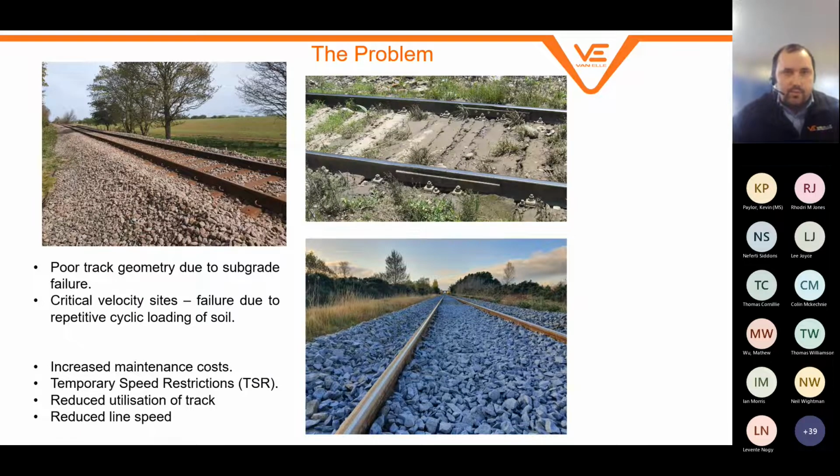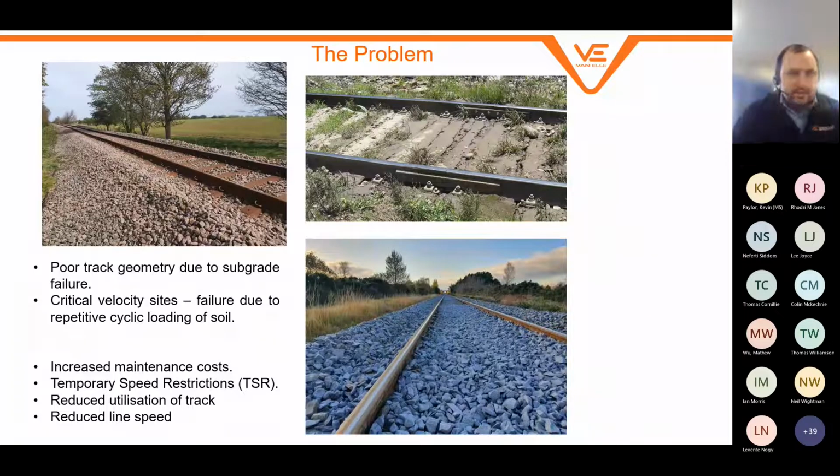So the problem with trackbed stabilization and the need for it is to correct poor track geometry due to subgrade failure. So we rely on the subgrade to support the rail system. The loads that are being put through rails and sleepers and ballast bear on the substructure below, the subgrade as we call it.